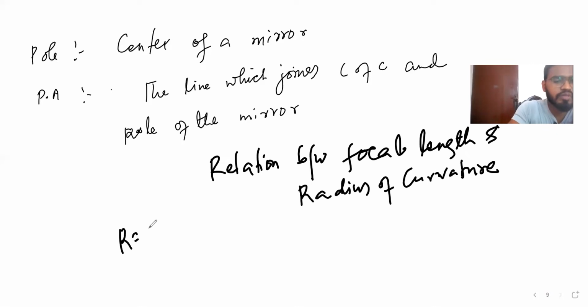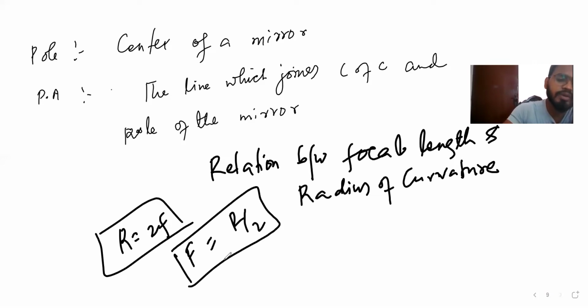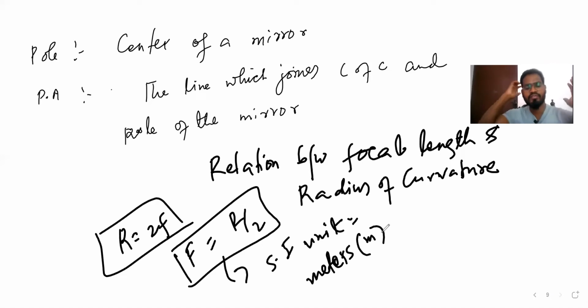R is equal to 2f. R is equal to what? 2f. So f is equal to what, guys? R by 2. Okay, the SI unit is what? Meters. Remember that for everything. That we are supposed to know.